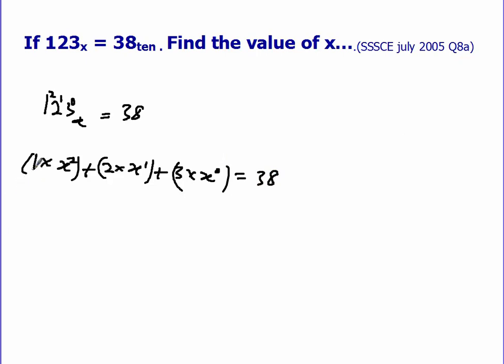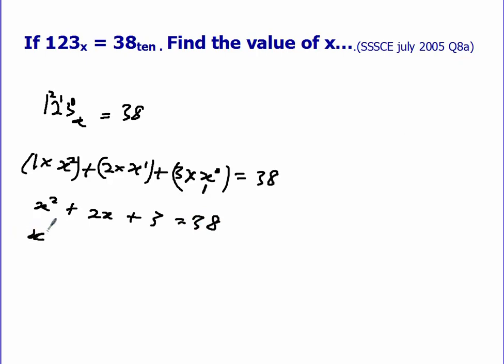To remove the bracket, I'm going to have x squared times 1, that is x squared, plus 2x plus, I told you any value to the power 0 is 1. Therefore, this is 1. 1 times 3 is 3, equal to 38, remember. Right.